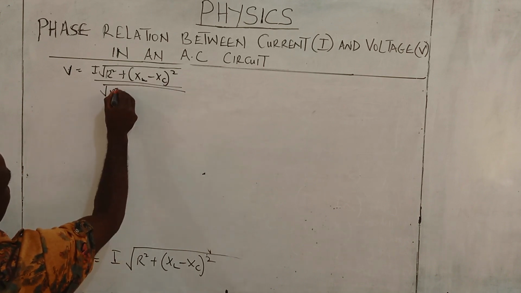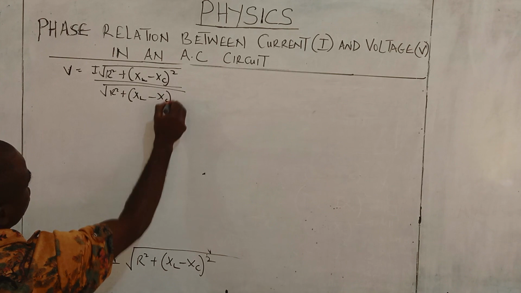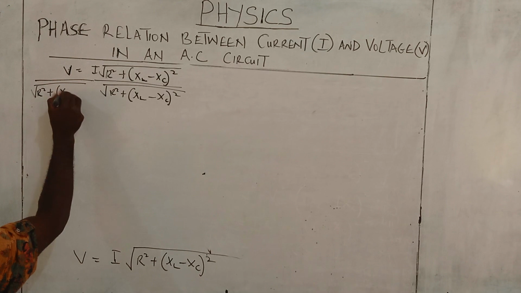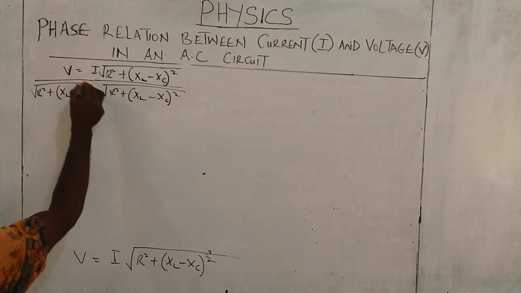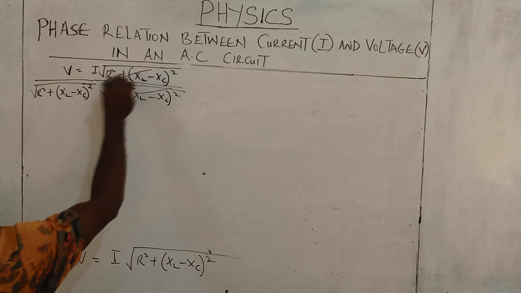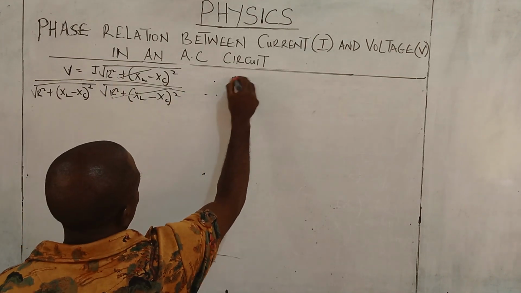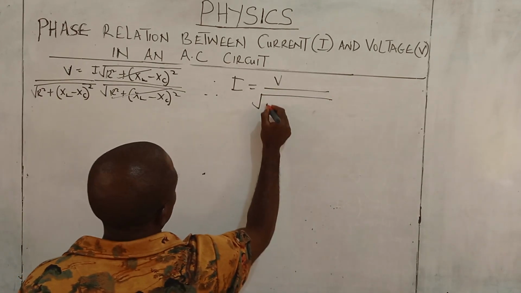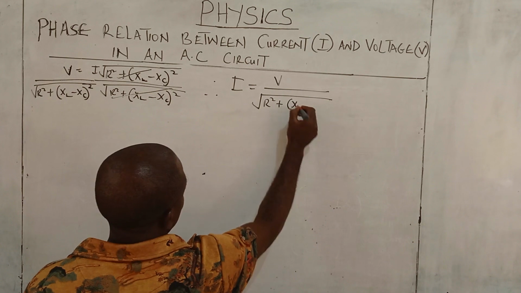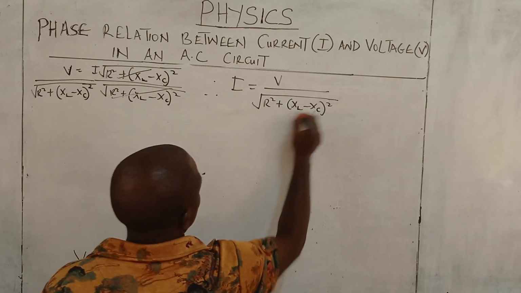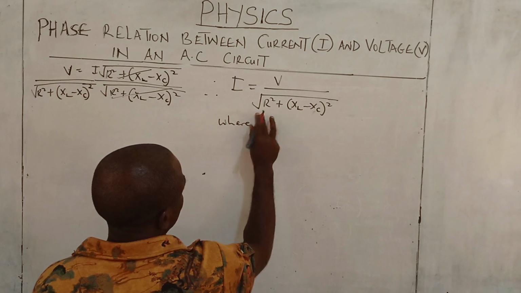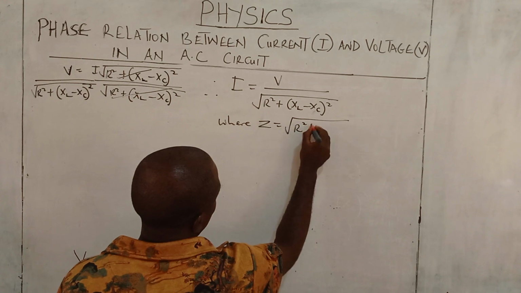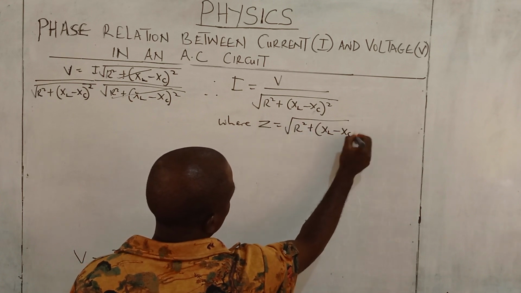Now this cancels this. Therefore, your current in the RLC circuit equals V over square root of R squared plus XL minus XC squared, where Z, the impedance, equals square root of R squared plus bracket XL minus XC squared.